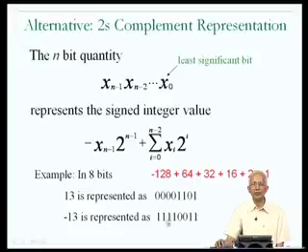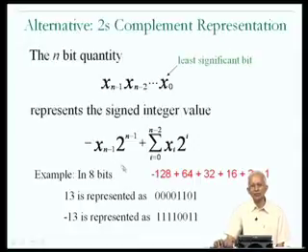So that is 64, and so on. So the net result is that in evaluating this using this expression, I find that it's equal to minus 128 plus 64 plus 32 plus 16. Then there's no 8 and there's no 4, but there is a 2 and there is a 1. And when I add this up, what I get is minus 13. So this is an equivalent way to represent signed integers.